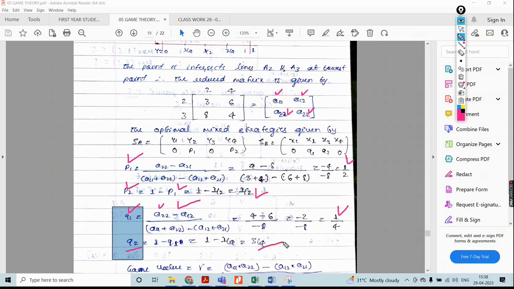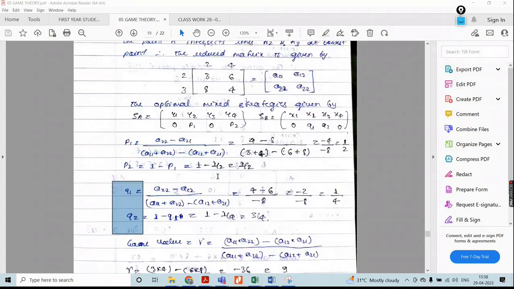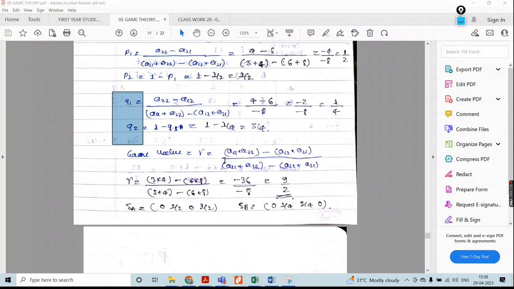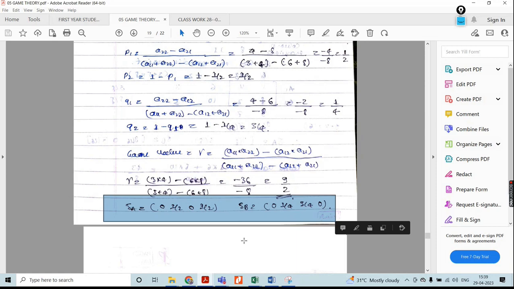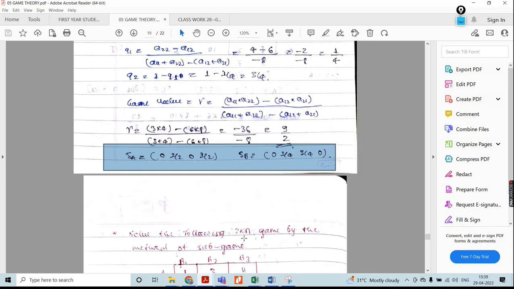Once you have this, make use of the game value formula: gamma is equal to A11 into A22 minus A12 into A21, divided by A11 plus A22 minus A12 plus A21. Then we will get the gamma value, which is the value of the optimal strategy.